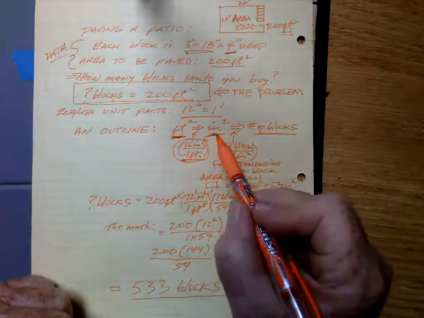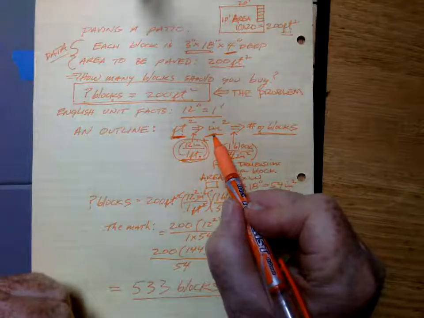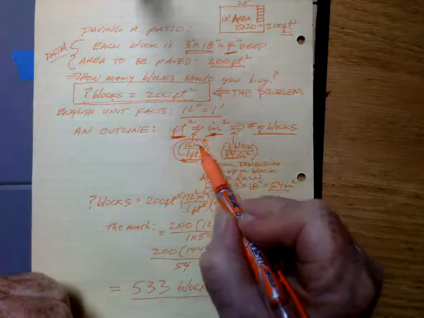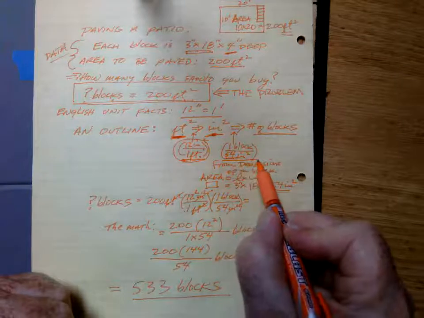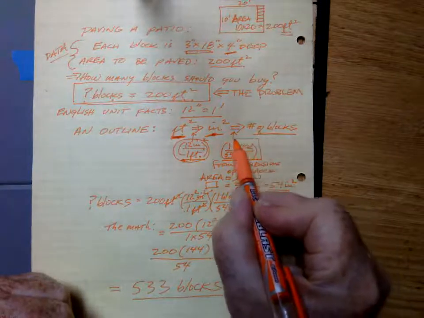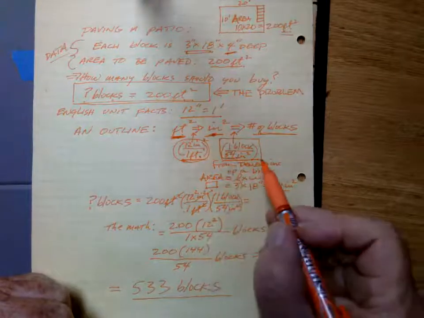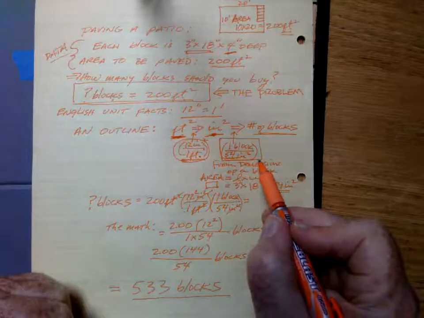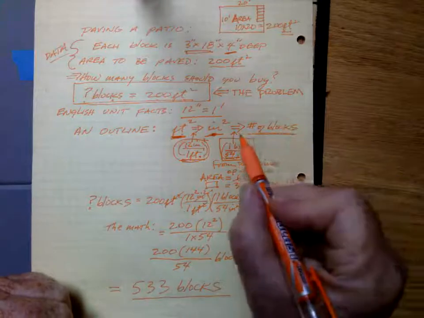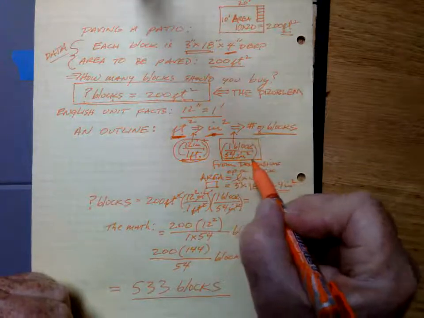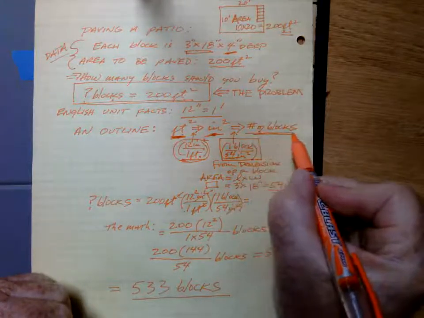So I know that I could do this conversion. Once I get the area of the patio in square inches, and if I computed separately the area of the block in square inches, the area that one block covers, I could use that conversion factor to get the number of blocks.